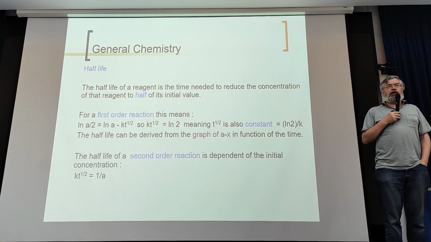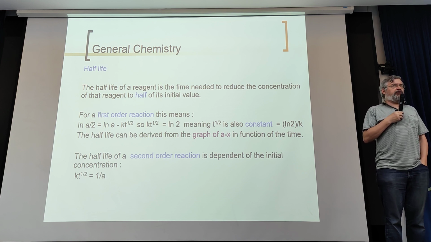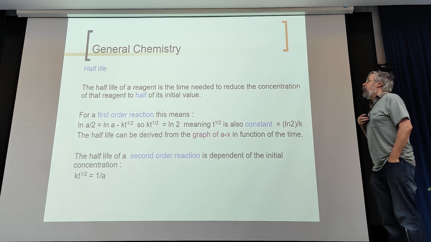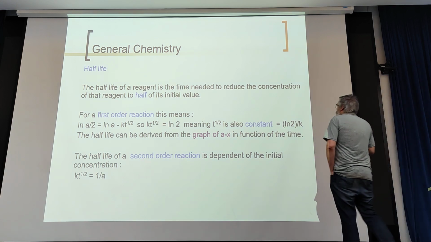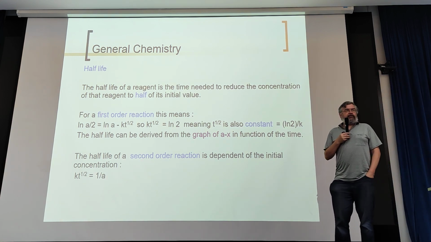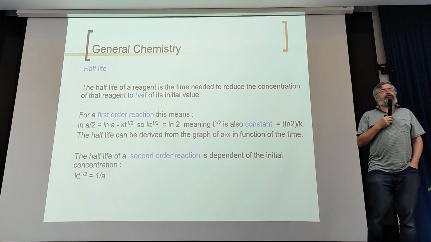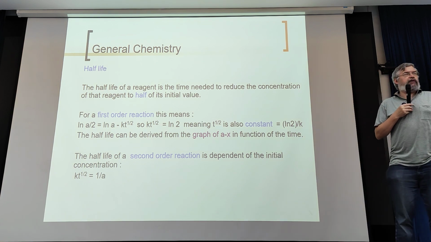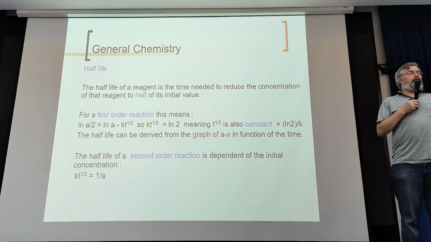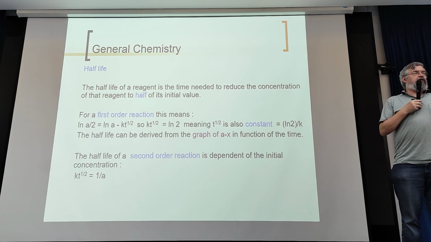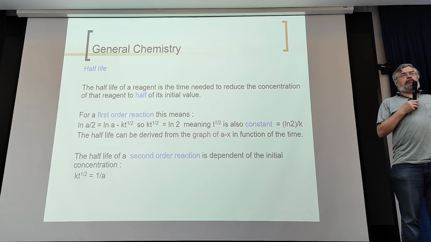What does it mean? Half-life for the first order and for second order reactions. So the definition of half-life: this is the time that is needed for the concentration to reach half of the original, so instead of A, A over 2.